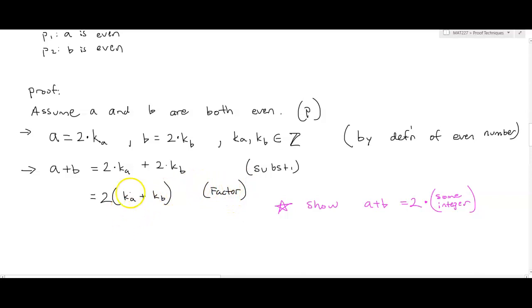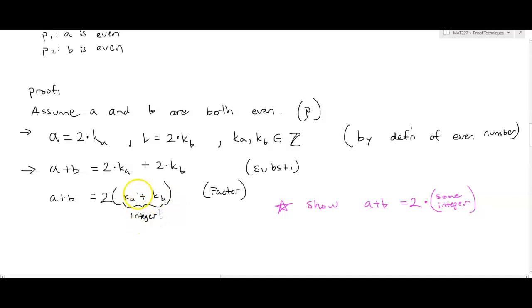And we already see that it's A plus B equals 2 times some number. Well, the only thing that we need to convince ourselves of at this point is that this is an integer right here. That if I add KA plus KB, I get another integer.